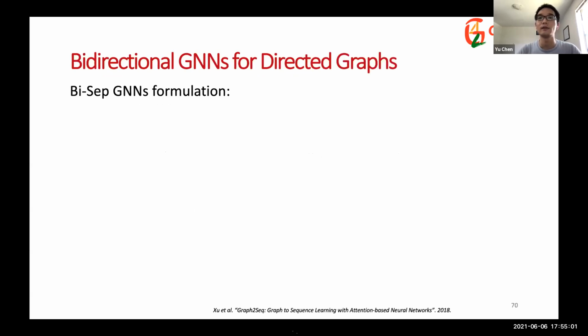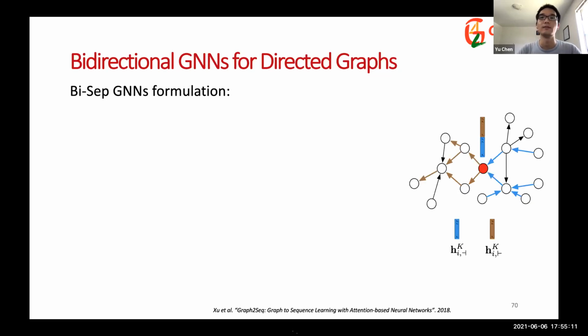We summarize the two variants of bidirectional GNNs. This is the third strategy we just mentioned to handle directed graphs. The first one is called BiSep GNN. BiSep actually works quite similar to the famous BiLSTM model. We first run multi-hop backward and forward GNNs on the graph separately.